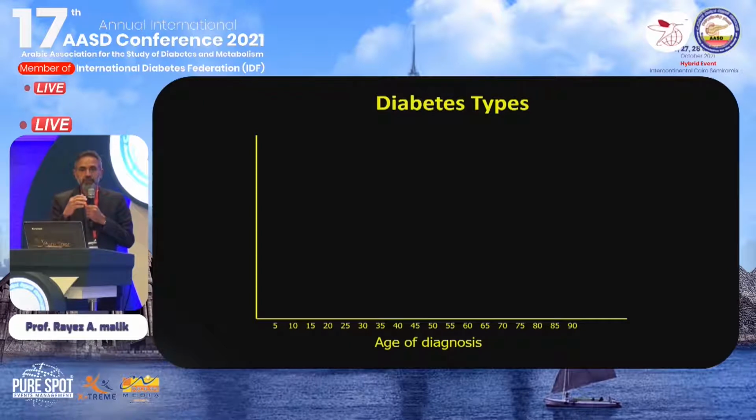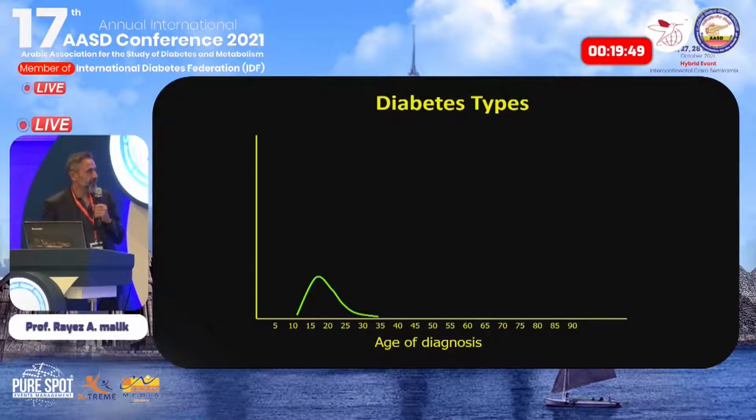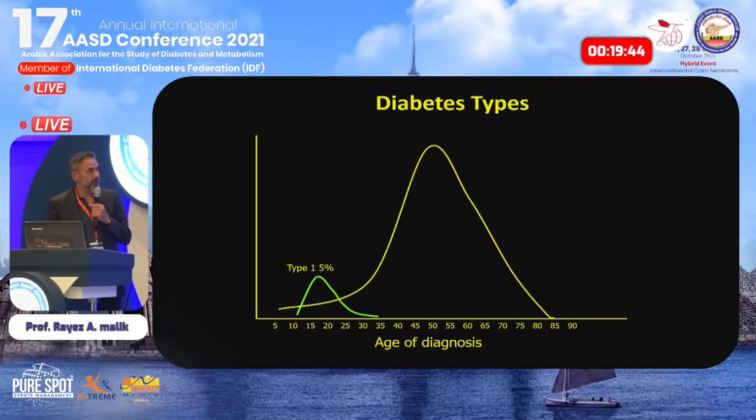When we look at diabetes, most physicians think it's either going to be this type, which is typically type 1, or it's going to be this type, which is typically type 2. Occasionally, very occasionally, we think about this type, which is, anybody? Maybe MODY or LADA, as you said.